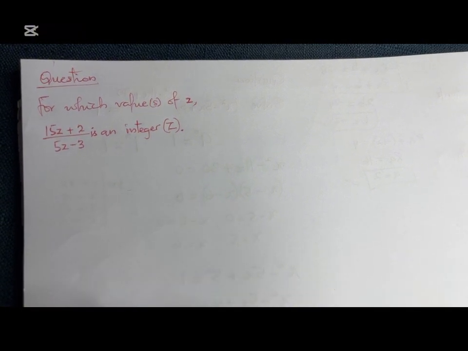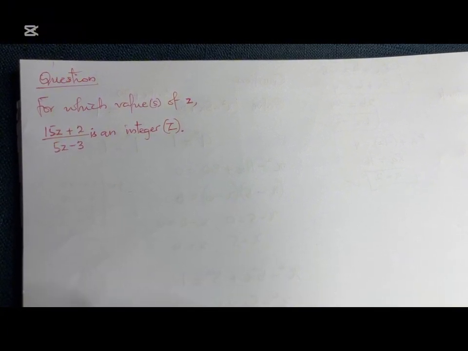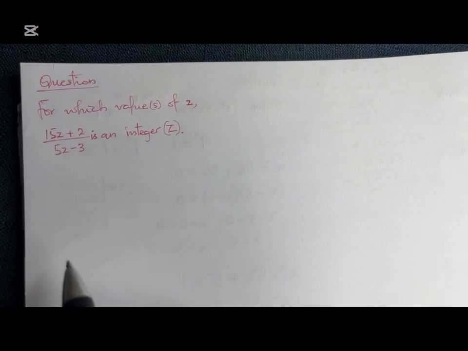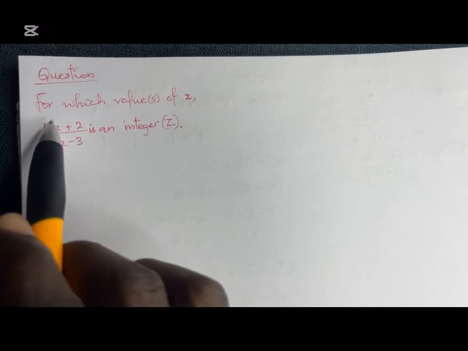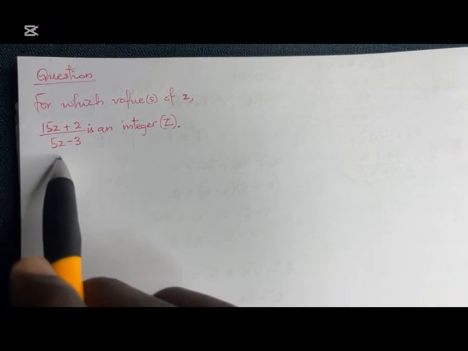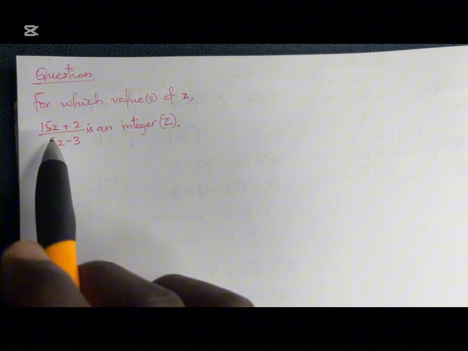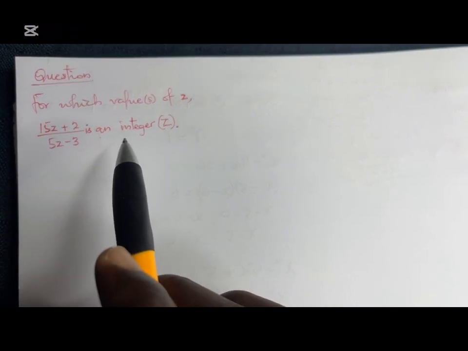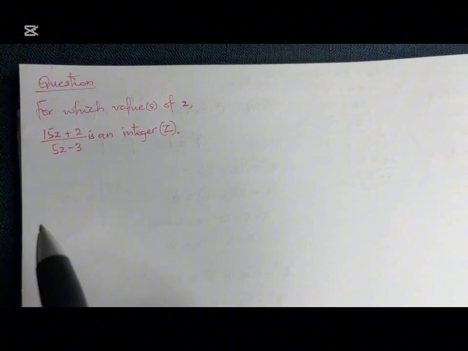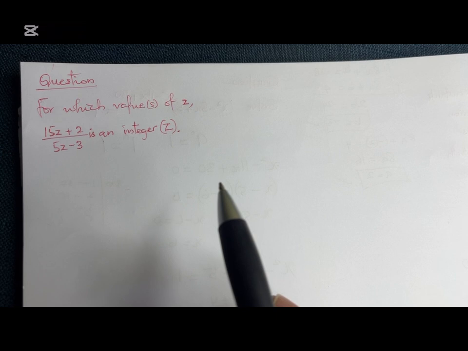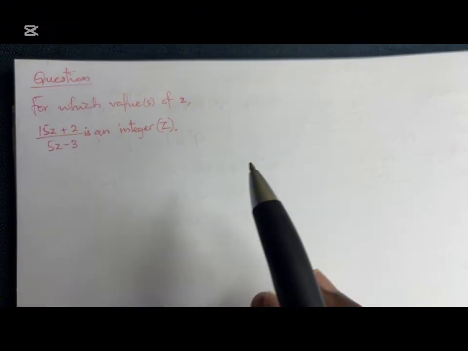So we need to find the values of z that will make our expression a negative whole number or a positive whole number.